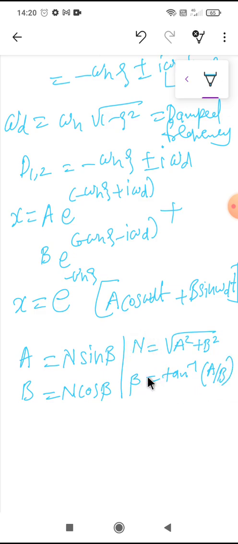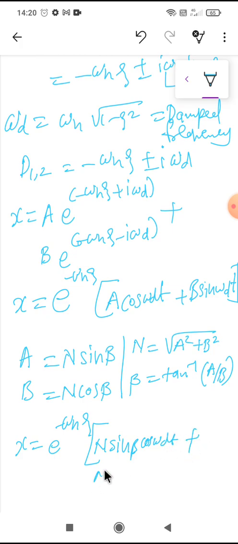Now I will put these values here. So x is equal to e raised to minus omega n zeta, then n sin beta cos omega d t plus n cos beta sin omega d t.